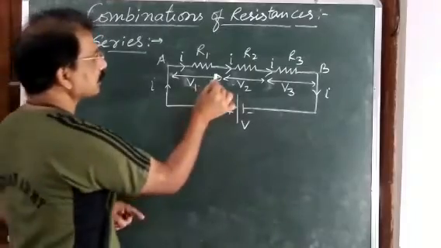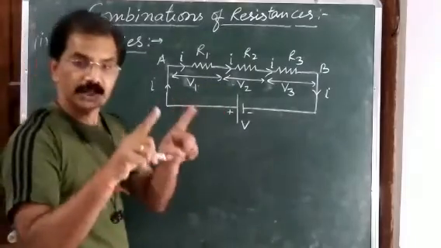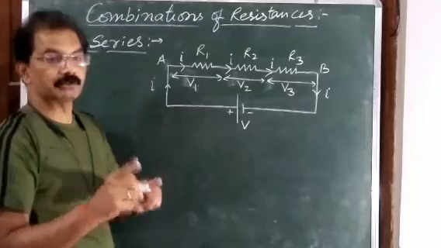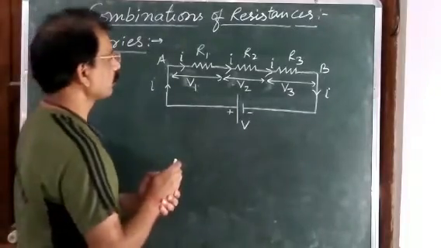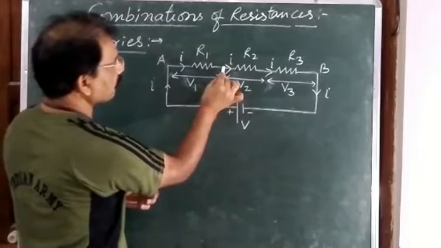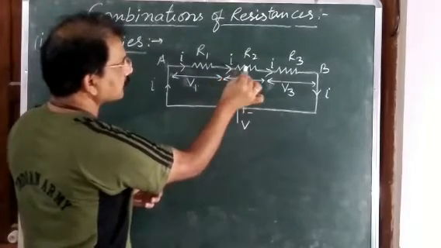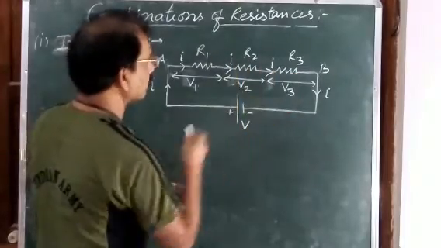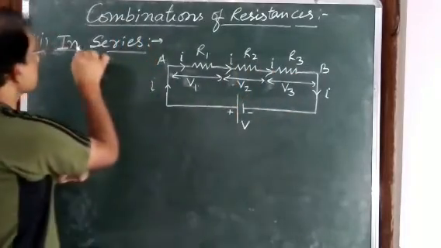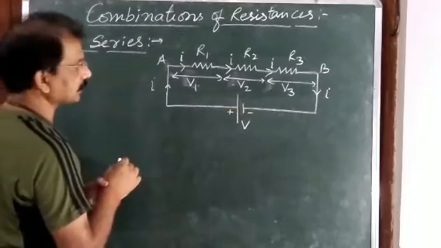End to end means the second end of each resistance is joined to the first end of the next resistance, and so on. So here the second end of R1 is joined to the first end of R2, the second end of R2 is joined to the first end of R3, and so on. This combination is called series combination of the resistances.